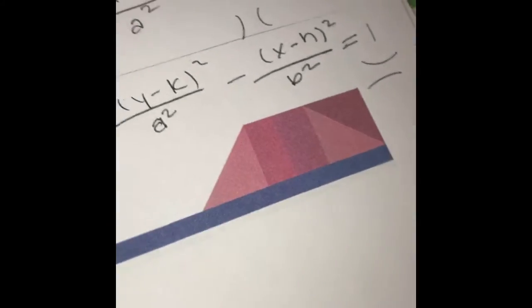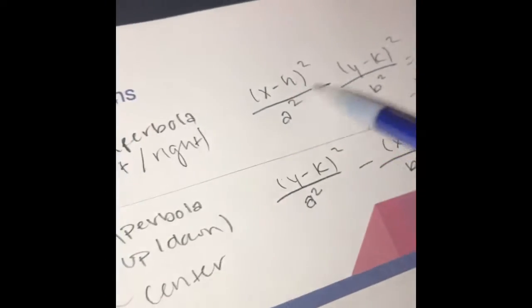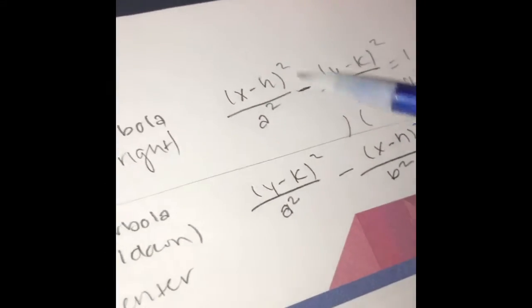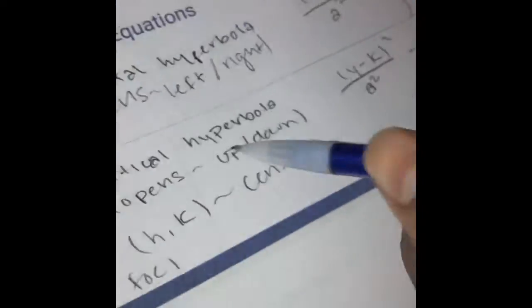Another thing that we need to know is that the center is always (h, k). For both of these standard equations, the center is at (h, k), and in order to find the foci, which is c units away from the center along the transverse axis, there's certain equations to find that.